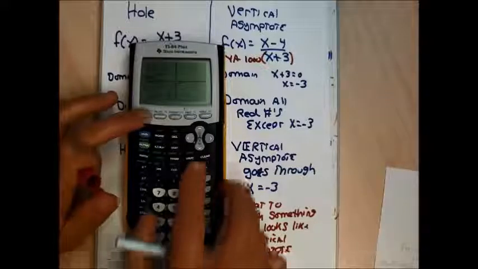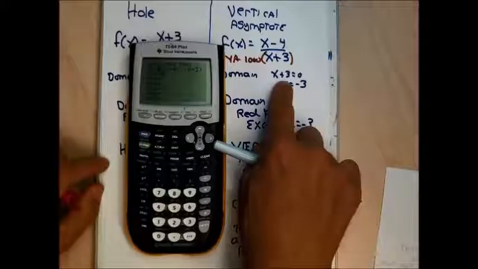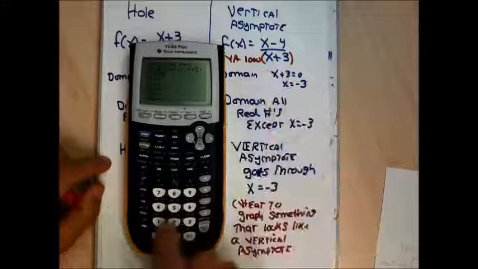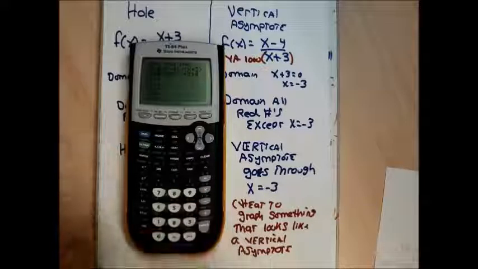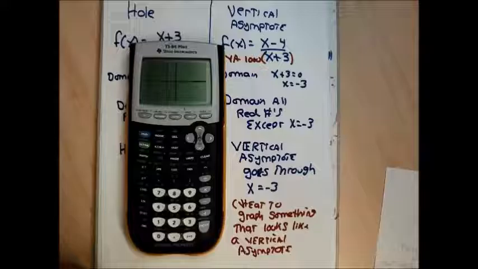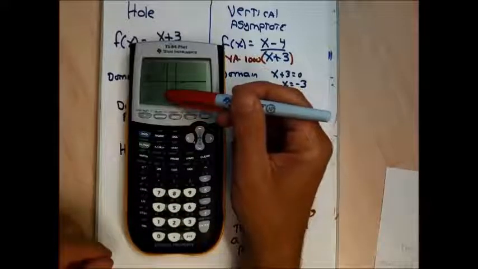So if I go to y2 and take the factor that gave me the vertical asymptote of x equal to negative 3, which is x plus 3, multiply that by 1,000, it's going to graph something that looks like the vertical asymptote through x equal to negative 3. The lower the graph goes on the right-hand side, the closer it gets to this line, but it doesn't cross it or touch it.